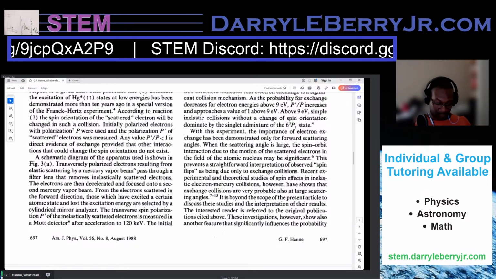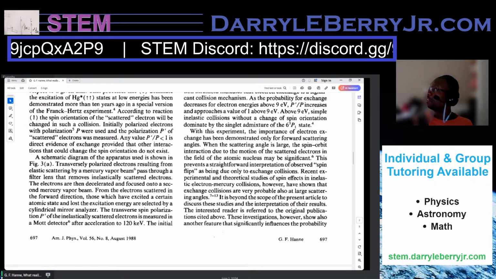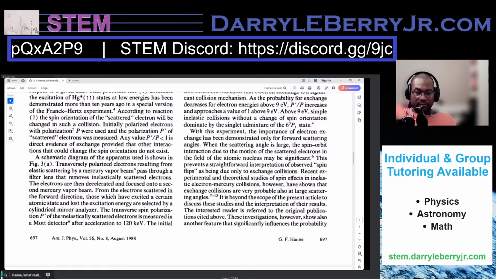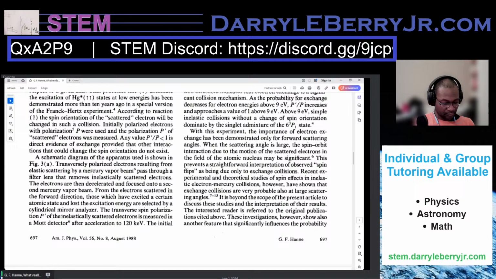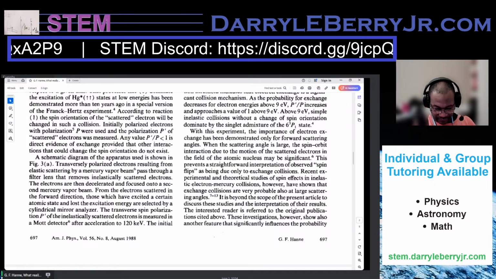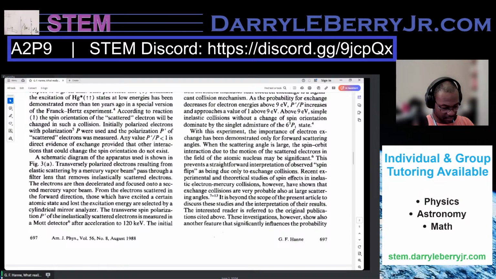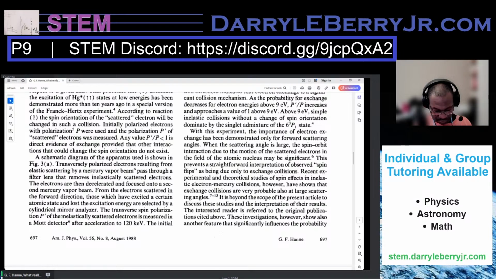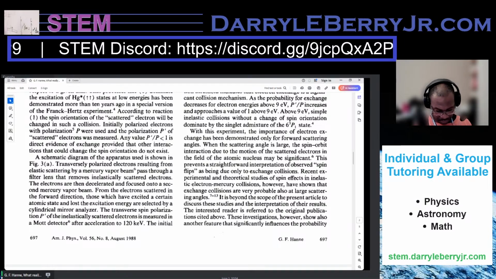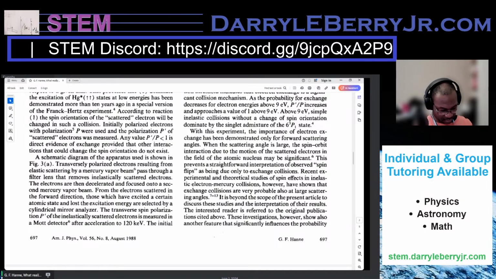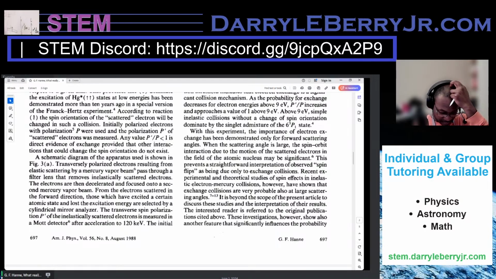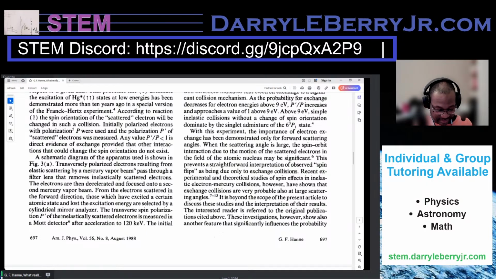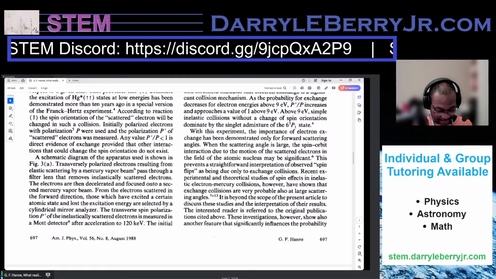So here are my notes from the professor. Electrons excite Mercury, fall, excite another, fall, excite another, a long path of travel.